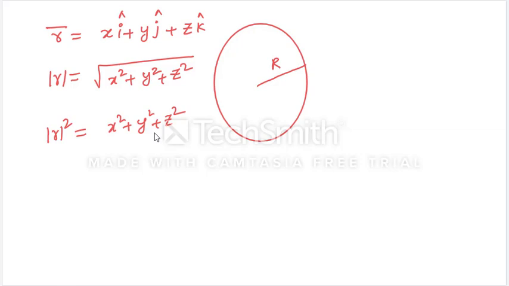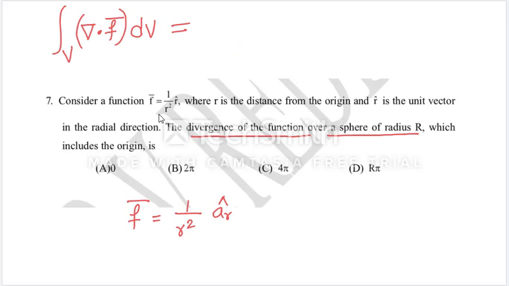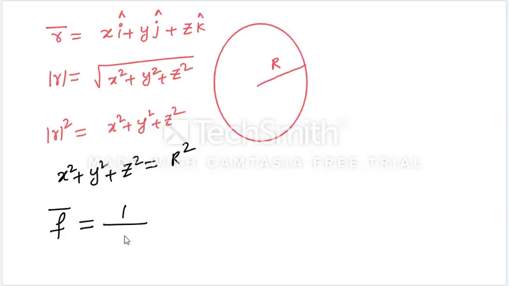This I can call capital R square. So from this, the given function F bar is 1 by capital R square, can I?